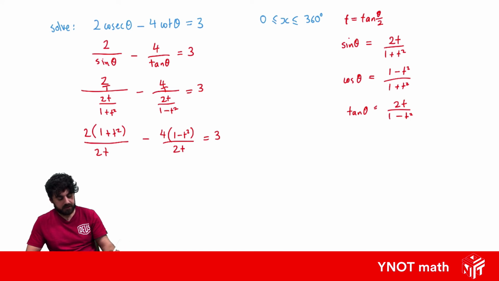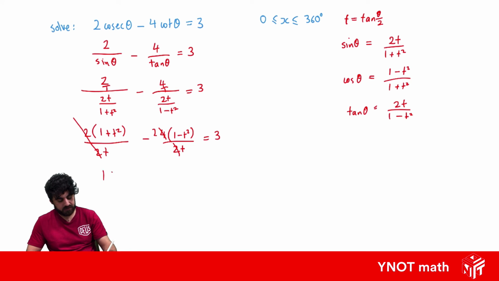Now we can simplify this a little bit by cancelling these 2's and simplifying the 2 and the 4 into a 2. And they have the same denominator. Actually, let's just times everything by t.